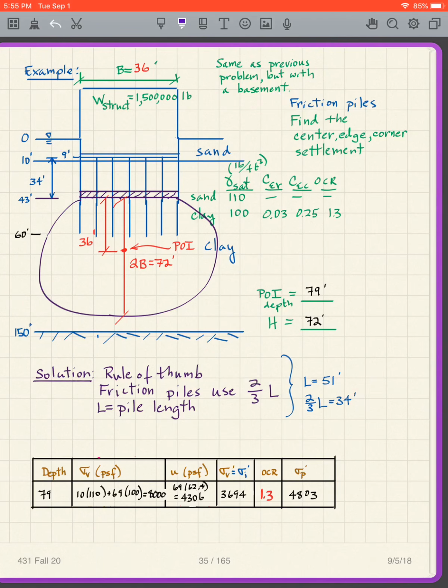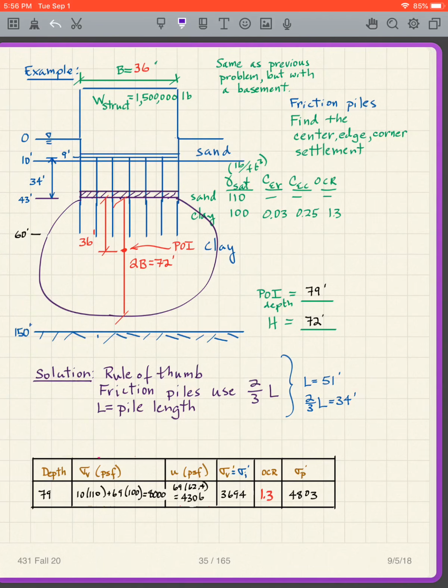So I sort of like the one point of interest for teaching because I want you to get a gut feeling for this stuff. And if you've done these problems enough, and I'm making you do a lot of problems, you're going to get an understanding. Oh, I got it. This is the soil that gets stressed, and if I put in the basement, this has this effect. So that's why I do this.